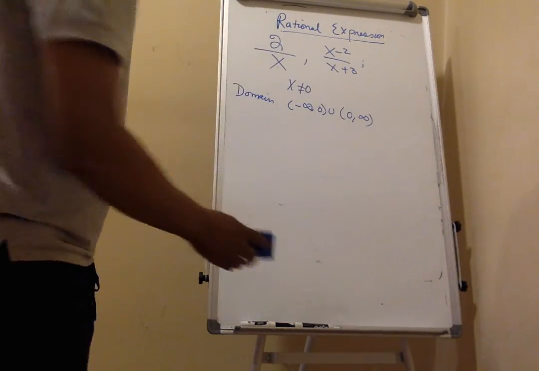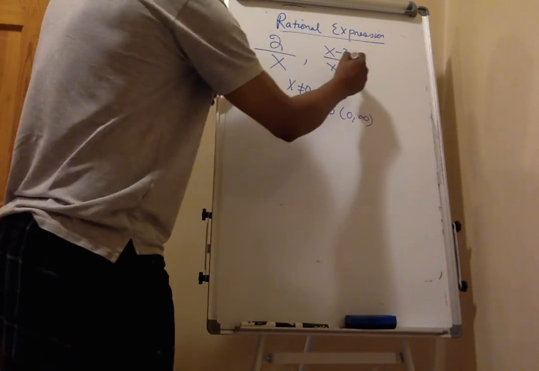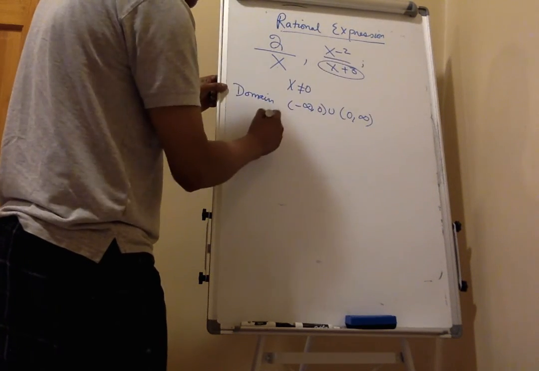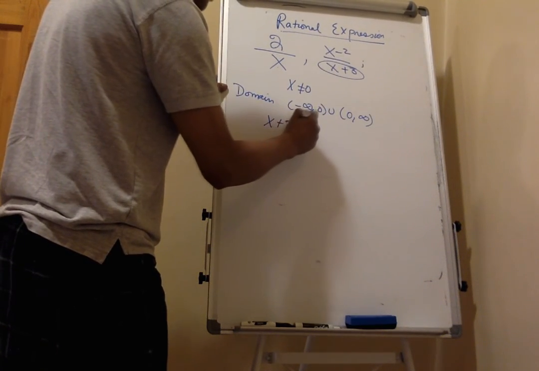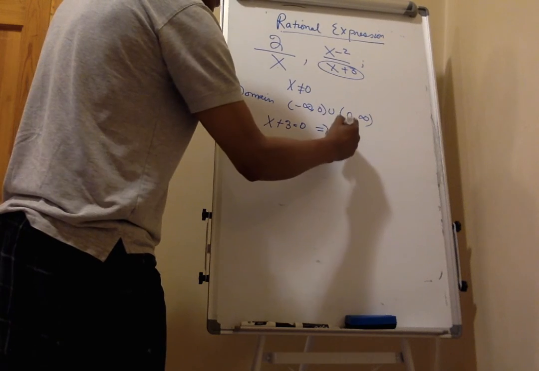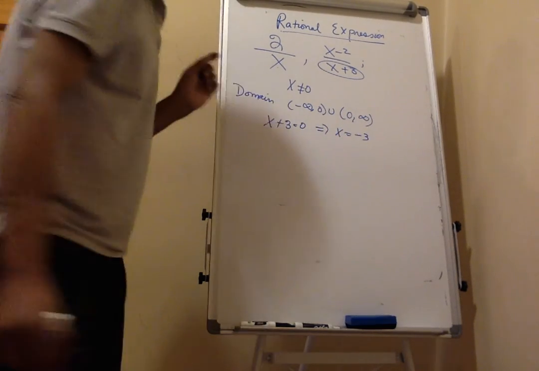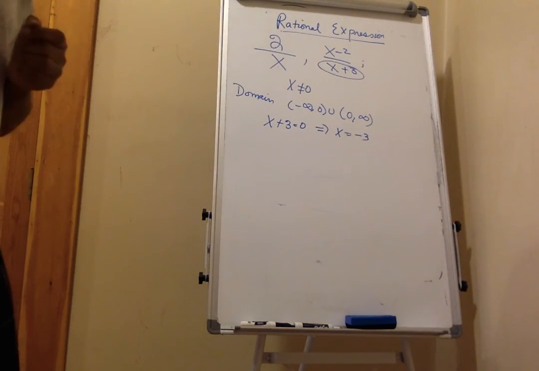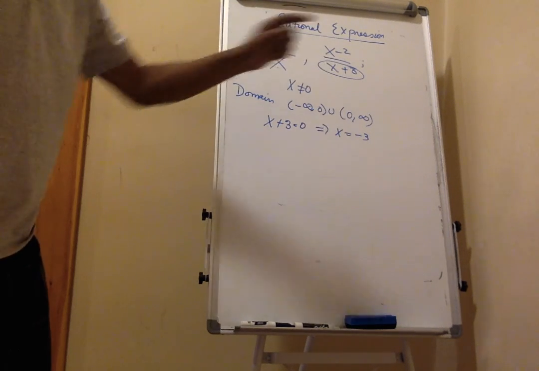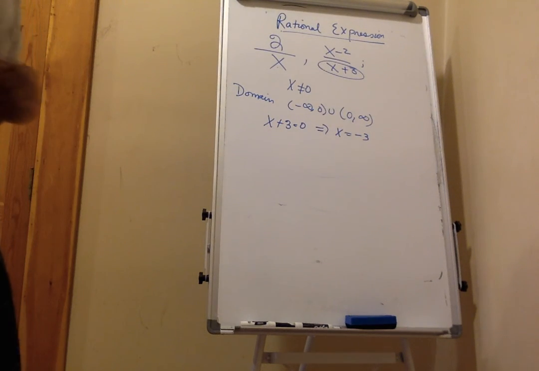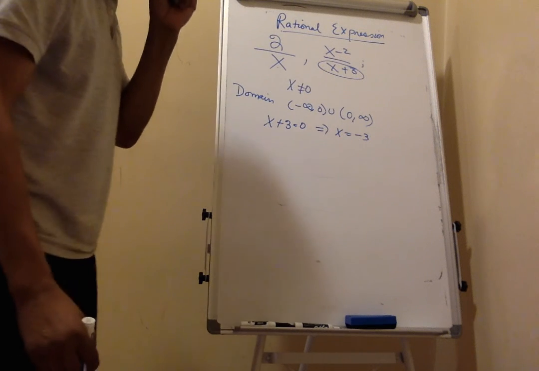If we go and look at the second one, just only look at the denominator. Set the denominator x plus 3 equal to 0, which gives us x is equal to negative 3, meaning if we plug in x equal to negative 3, the second rational expression becomes undefined because the denominator becomes 0.